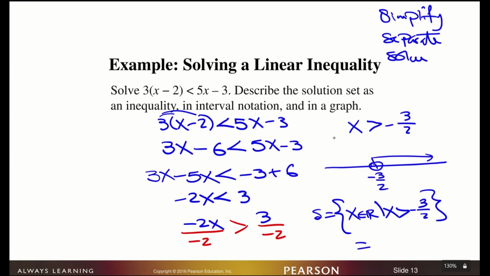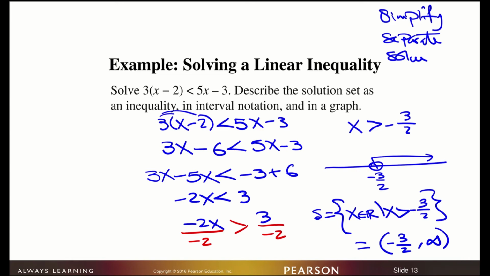And in interval notation, parentheses, -3/2, comma, infinity. Okay, and parentheses because it's a strict inequality, so the endpoint here is not included. If it were included, if this were filled in and this were greater than or equal to, we would just turn this parenthesis into a bracket. That's all.